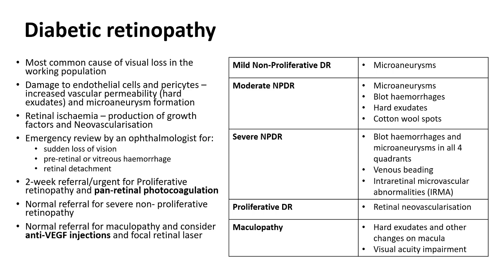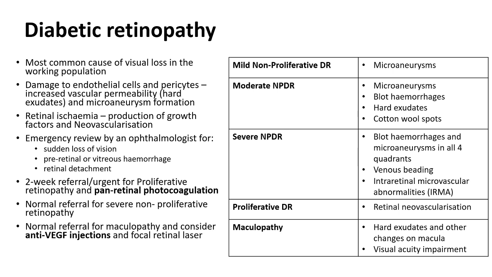Diabetic retinopathy can be classified into non-proliferative and proliferative diabetic retinopathy. Non-proliferative can be further divided into mild, moderate, and severe depending on the type and number of characteristic changes.